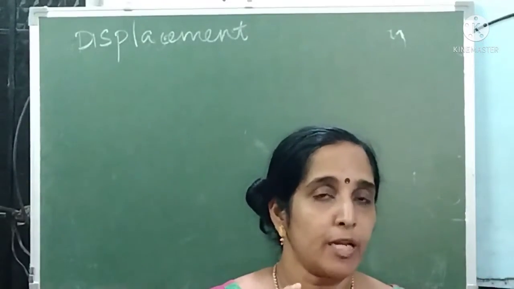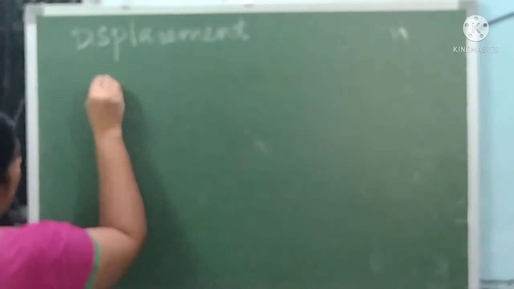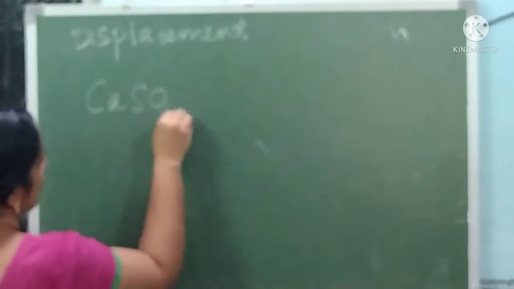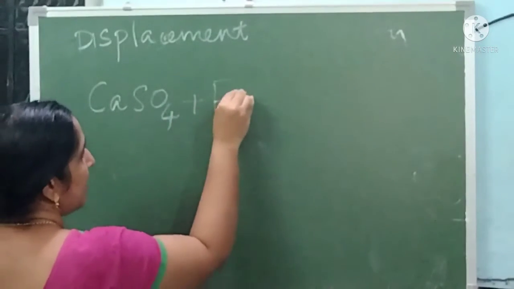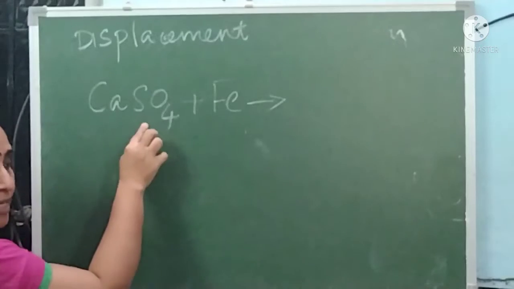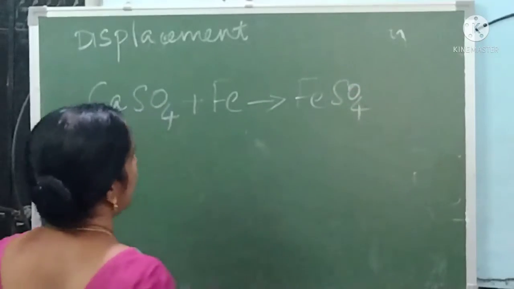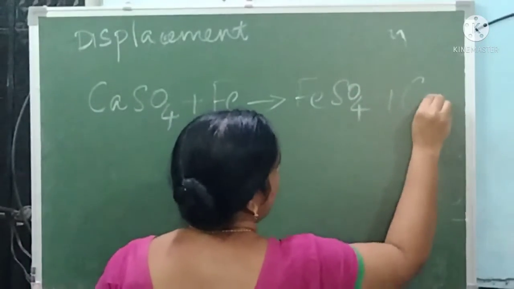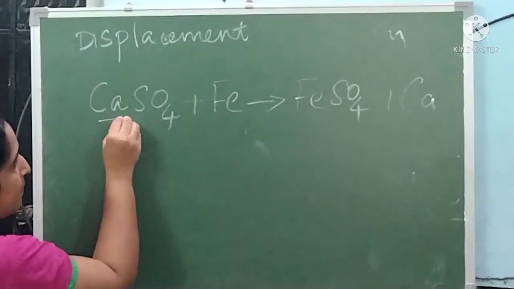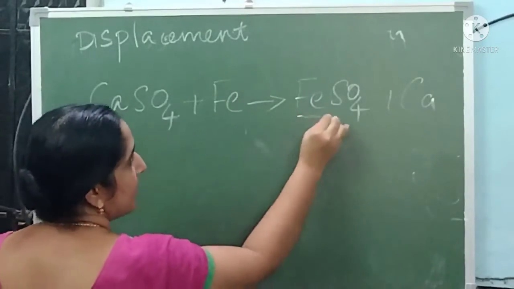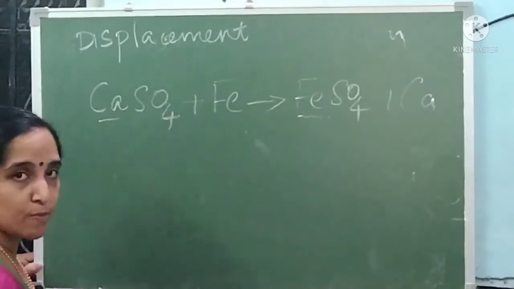In a reaction, when one element is displaced by another element, it is called a displacement reaction. For example, CuSO4 is called copper sulfate. Copper sulfate reacts with Fe, iron, to form FeSO4 plus Cu. Here the copper is displaced by the element Fe.